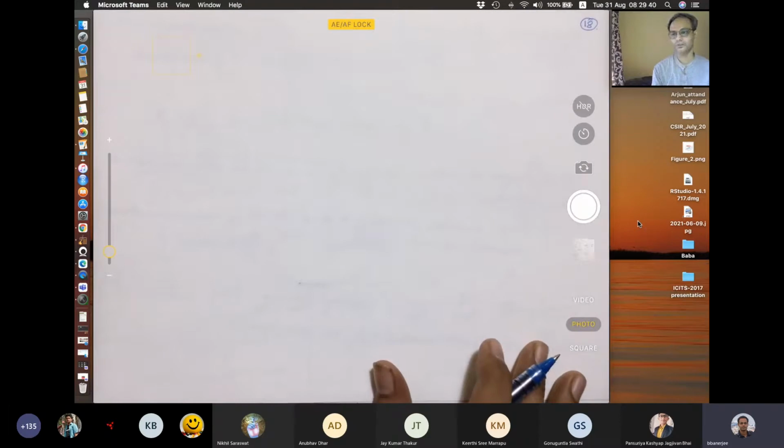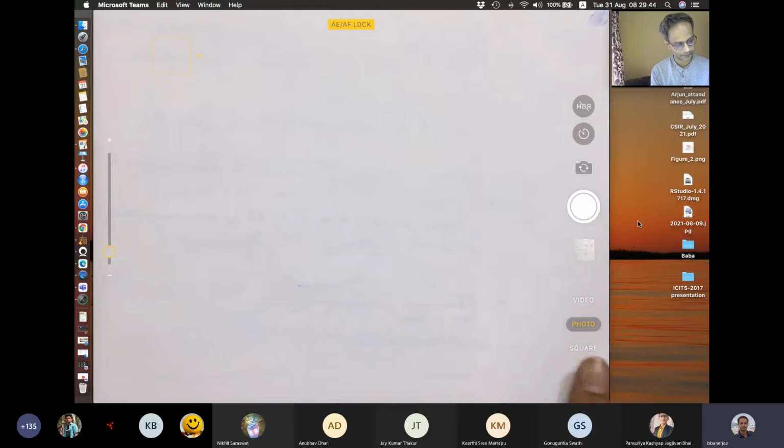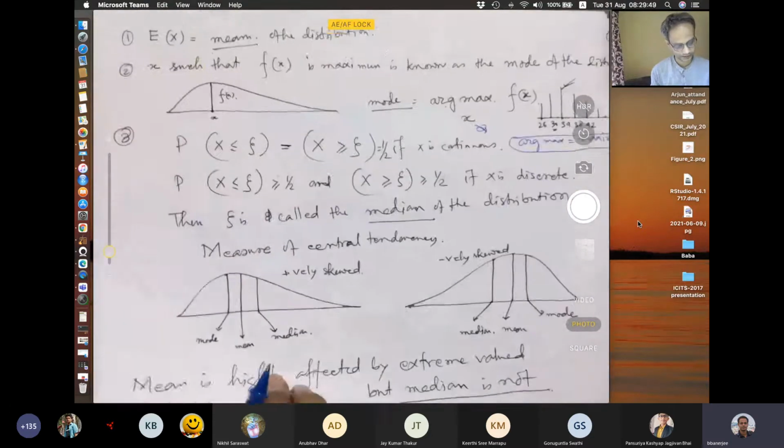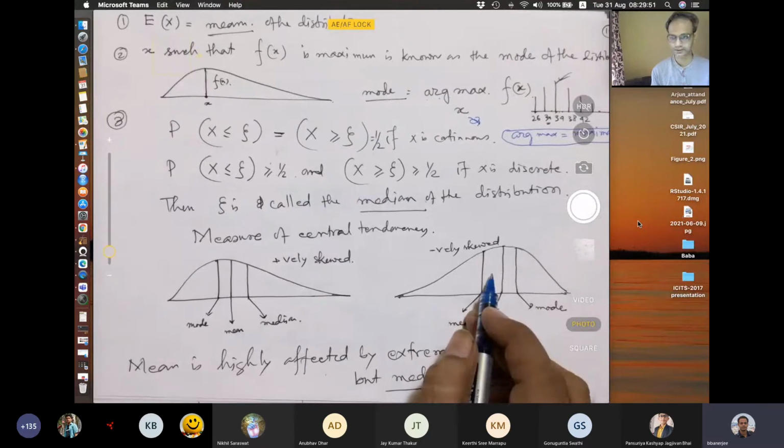Now we are going to the measurement of skewness. Already we have talked about skewness in the previous lecture, that this is positively skewed, this is negatively skewed.